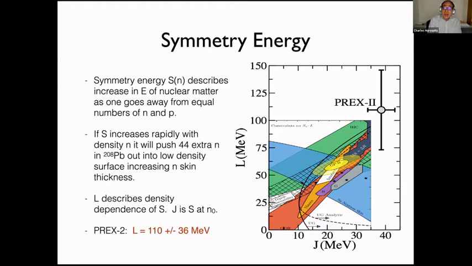It pushes them out into the low density surface region. So a large density dependence of the symmetry energy leads to a thick skin. And indeed, using this correlation, the density dependence of the symmetry energy, this parameter L, is predicted to be relatively large, 110 MeV. But again, the experimental error is big, plus or minus 36 MeV.